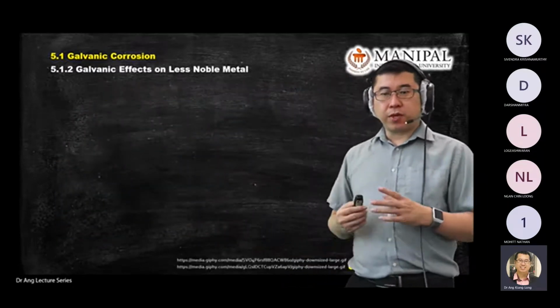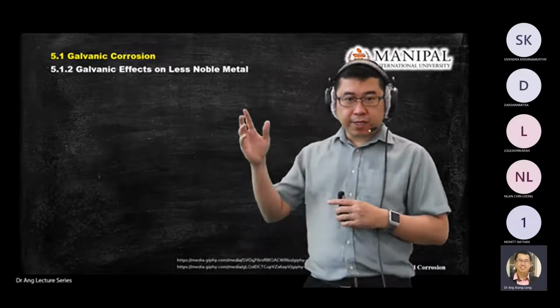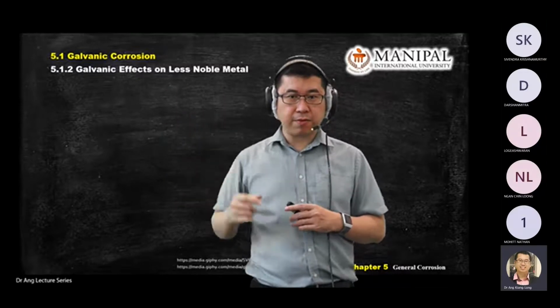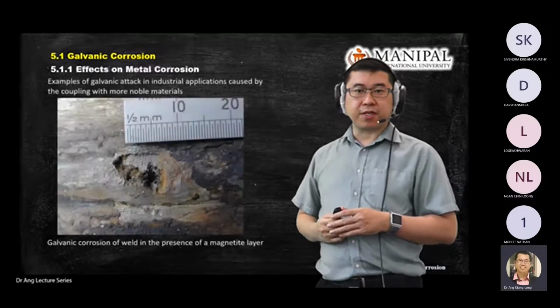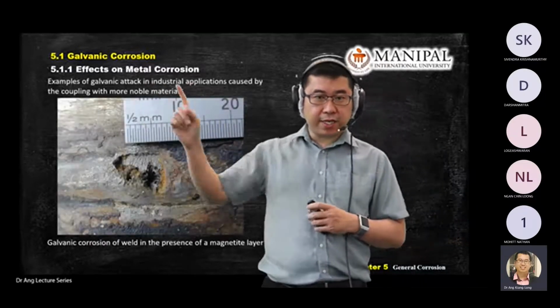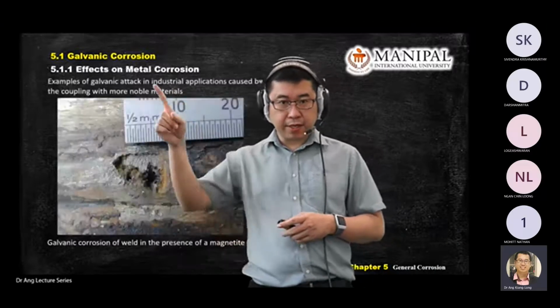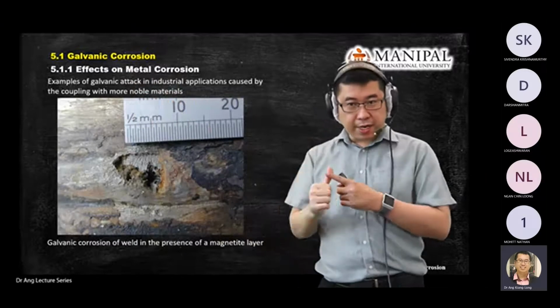Okay, we start to look at a few graphs. We start to look at the galvanic effect on less noble metals. We have already seen the effect of corrosion just now, and under the effect of metal corrosion, we can calculate the current.